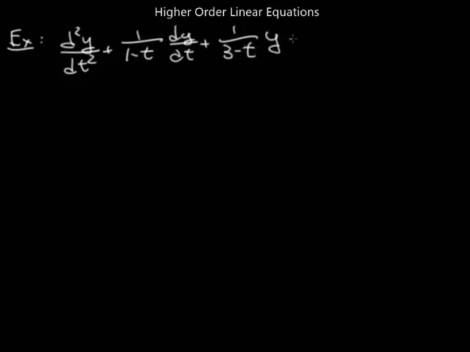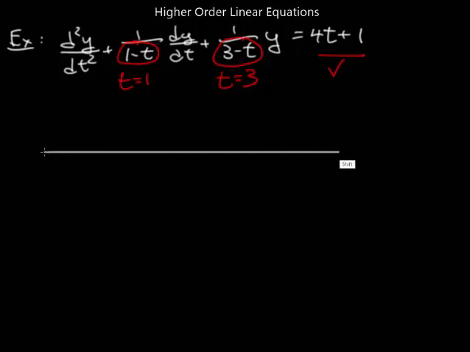It's a second order equation. And what can you say about existence and uniqueness of solutions? Well, let's see. These coefficient functions are nice, except at t equals 1 and t equals 3. So as long as you throw out those points, everything should be fine.